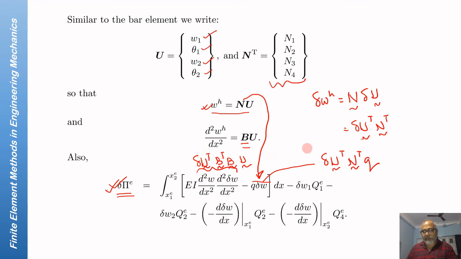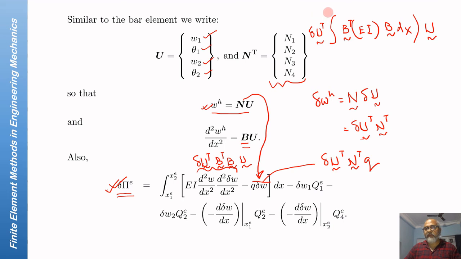Again, del U transpose is there in the first term and here in the second term. So your K matrix will now become del U transpose will come out, and then you will have B transpose, put the EI in between, it's a scalar, B dx, and U can also be taken out of the integral. So this guy will now become your KE, the local stiffness matrix.